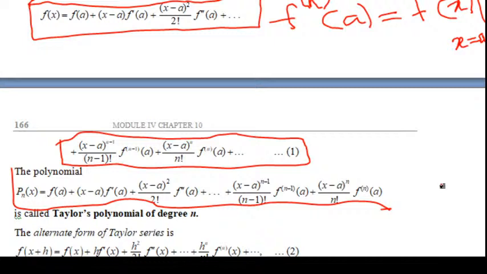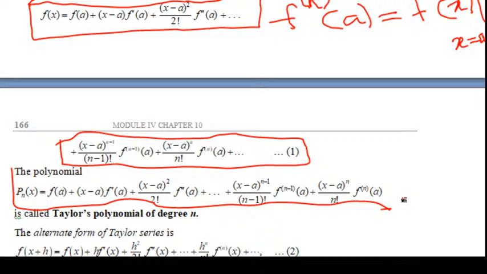We do not continue the process, and we stop here. If we stop at this n plus 1th step, then it becomes a polynomial. What we do is we only consider the first n plus 1 terms of the series.